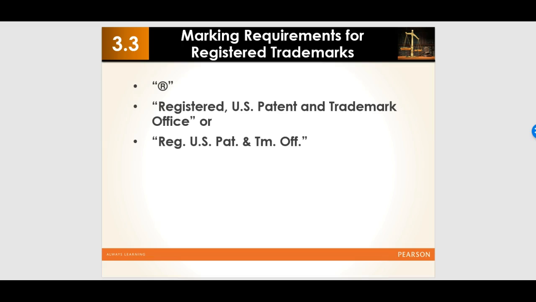So in terms of marking, when you have a registered trademark, after the registration is granted, after the registration is confirmed, what happens? Well, to inform the public that your trademark is registered, you will use either the R in a circle symbol, or the statement "Registered, USPTO" or "Reg.